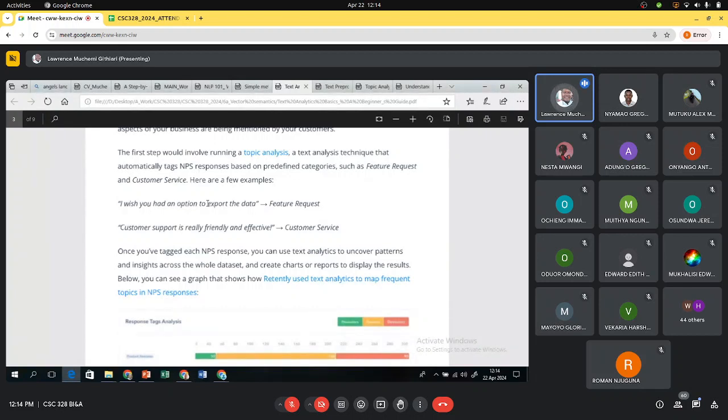But you can even extend it and say option to export the data. Is that still part of that noun? It is, isn't it? Because it's still describing the data. So you can have topics like those ones: data, export the data, then option to export the data. Then you can see each of those three, how they are recurring and how many sentences have been tagged onto that.